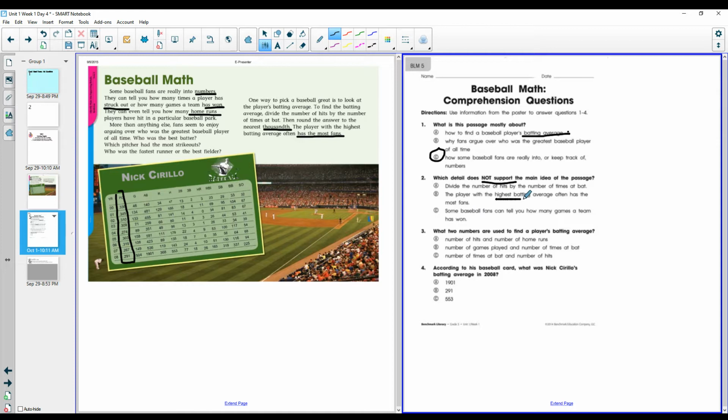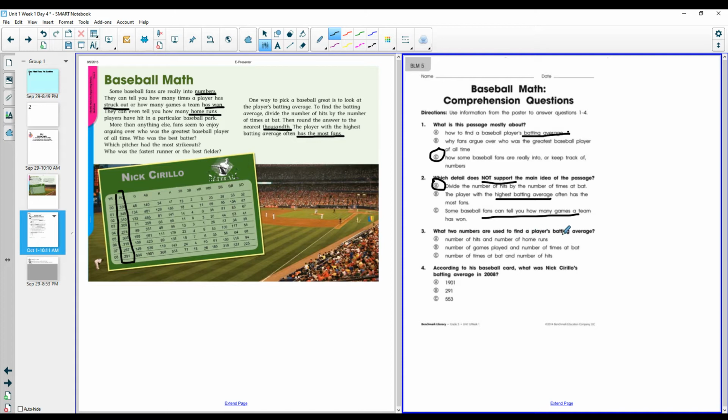Well, here batting average, that's a number. Yep, that would be good. Some baseball fans can tell you how many games a player has won. That's also about numbers. This one says which does not support the main idea. That's going to be A because this doesn't even tell us what we would do with this. If we did this, this is not going to give us anything. A. Tricky, right?